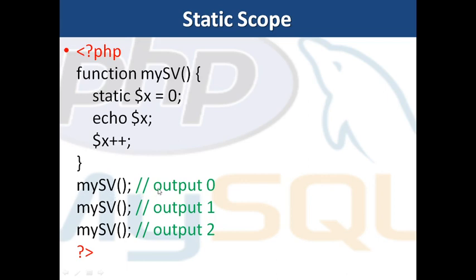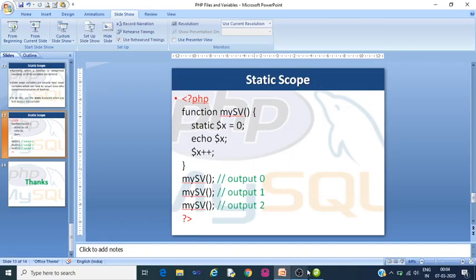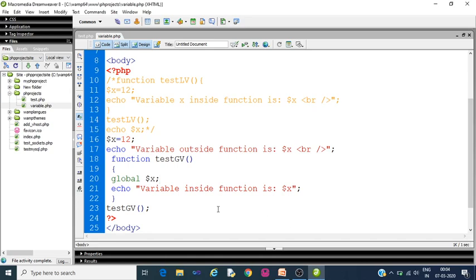First time it will print 0, second time it will print 1, third time it will print 2, as it is holding its incremented value even after execution of the function. Let us see it on the browser. So just give it a break here also, so that our output comes in a new line.